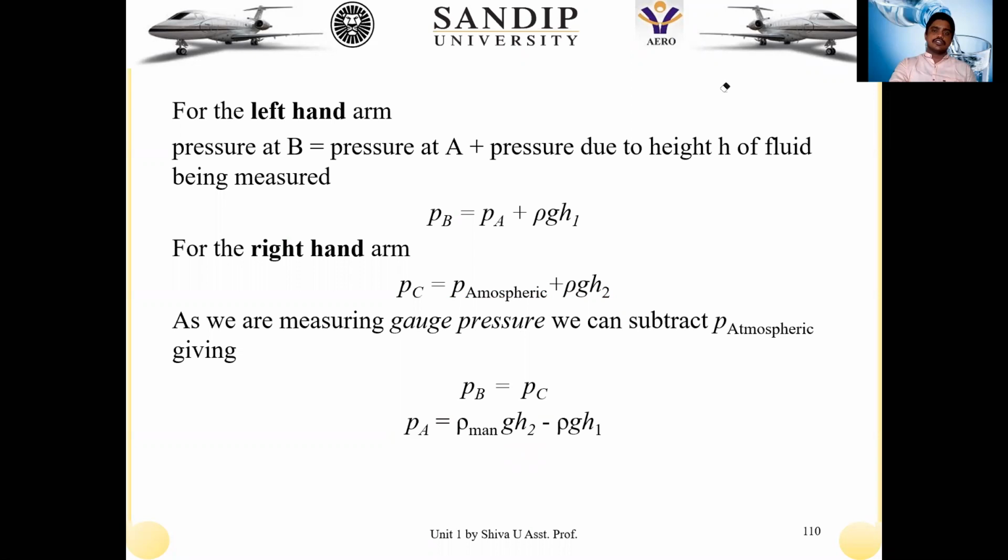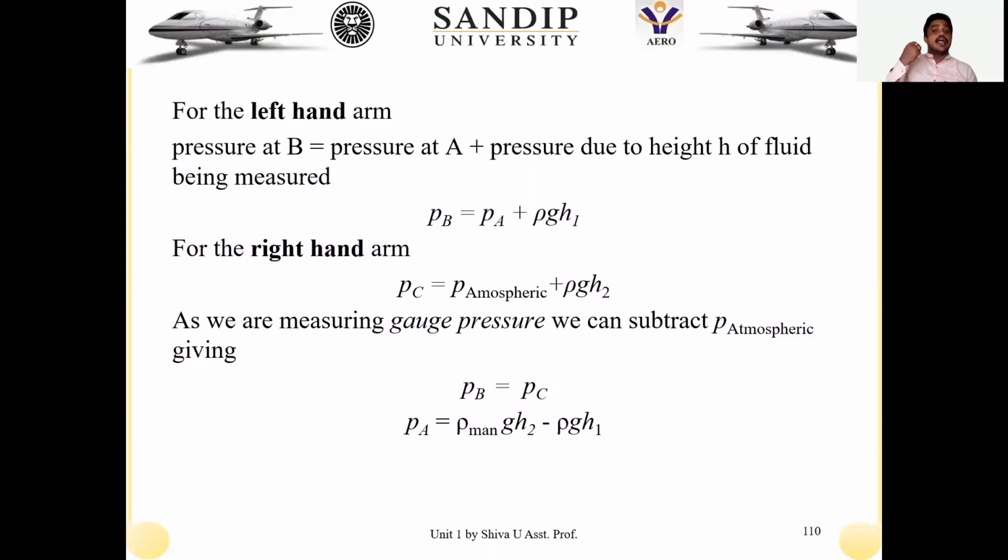This is how we approach manometers. The first point is to identify the liquids available in the manometer, whether it is only one type of liquid, two types of liquid, or three types of liquids. The second point is to identify where the equilibrium position needs to be, the point where the manometric fluid is in balance with the fluid there.